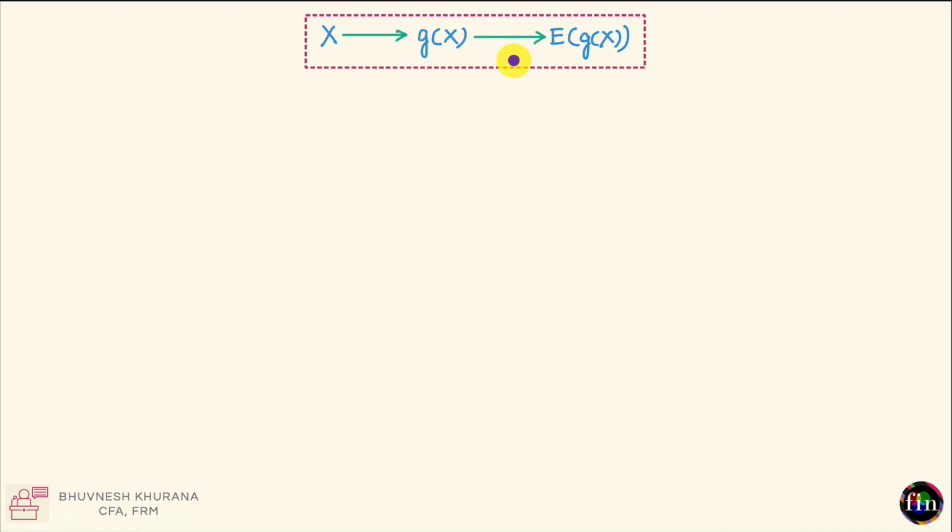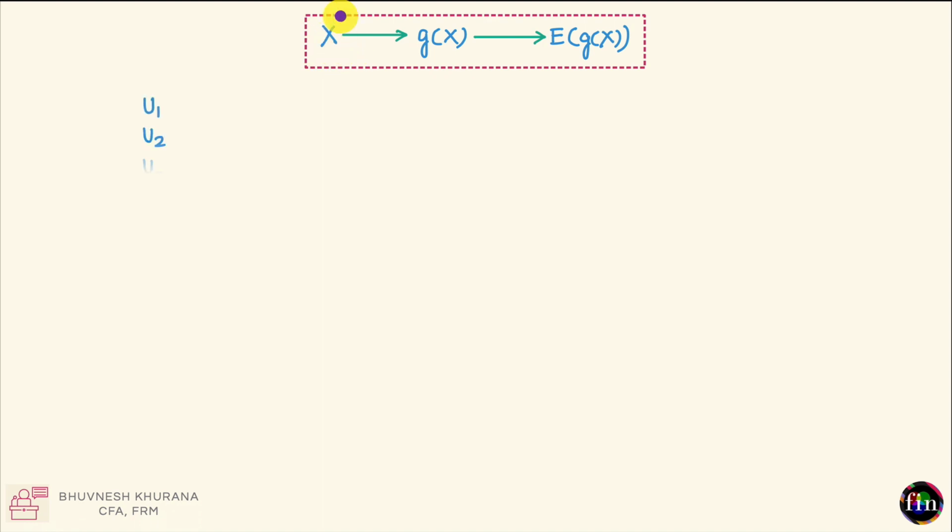The task at hand is to use Monte Carlo simulations for estimating the expected value of g of x. The first step would be to simulate many values for this random variable x.